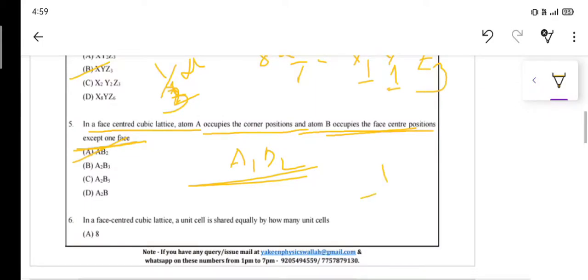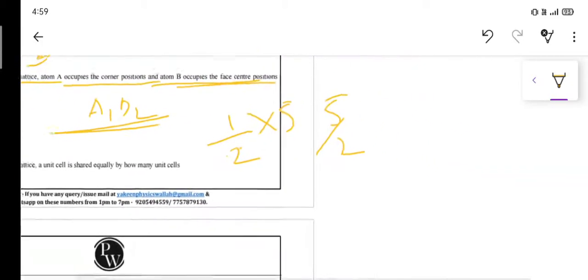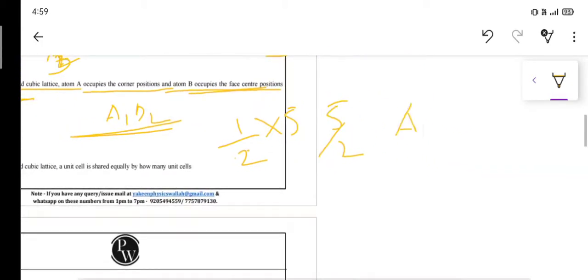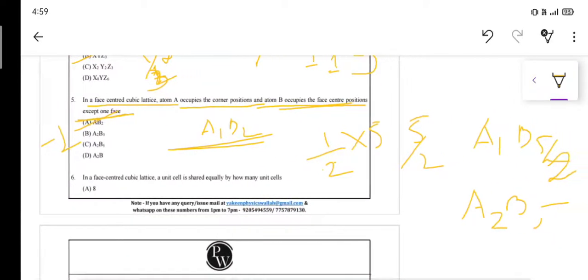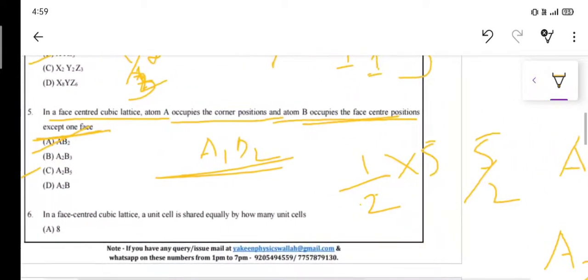Therefore, it is 1 by 2 into 5 faces, therefore 5 by 2. So the final is A1 B5/2. Multiply both sides by 2, therefore A2 B5. Is it C?